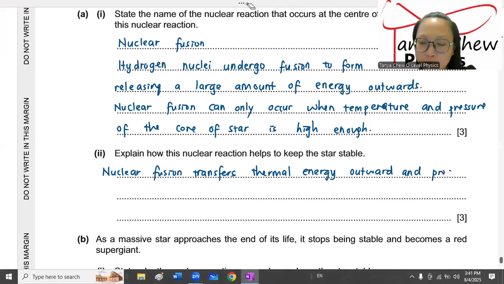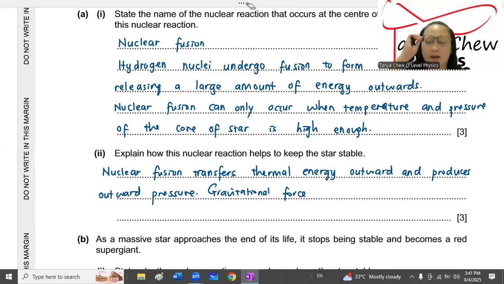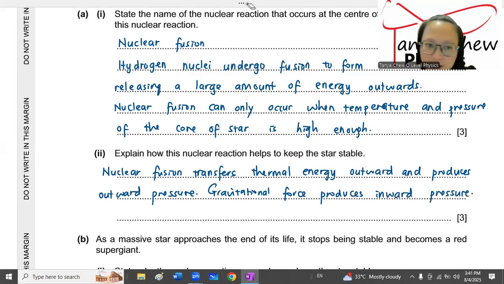And gravitational force between all these nuclei. As long as all the nuclides have mass, they have gravitational force between them. Gravitational force produces inward pressure.